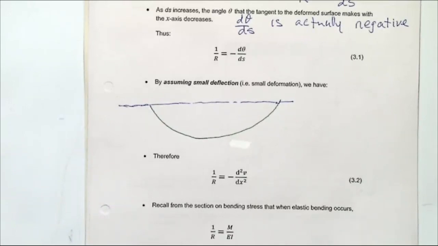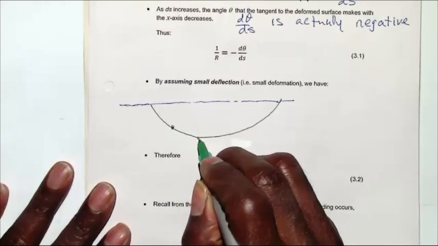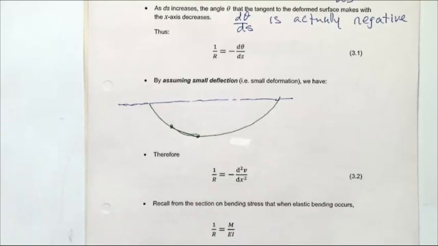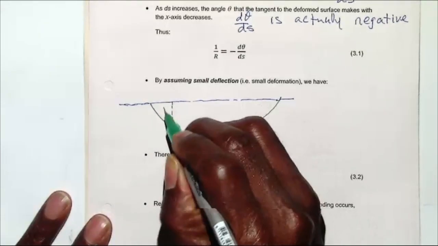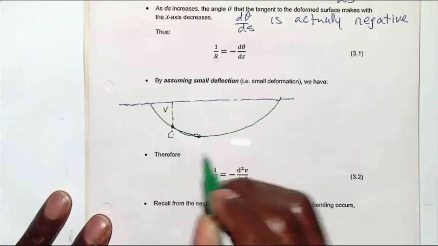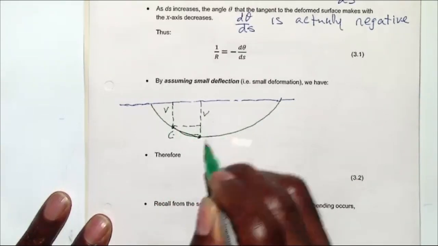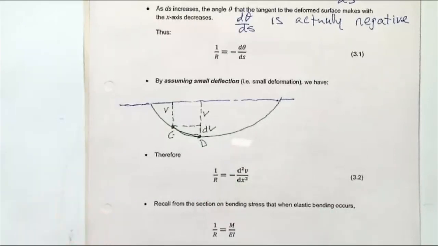My point C is there, and my point D is somewhere here, so we have a curve like that. The vertical movement of point C is V. That's our point C, and the downward movement at D is V plus dV. So point C has moved down by vertical distance V, which is what we are trying to find. Point D, which is slightly further down, has moved down by V plus dV.